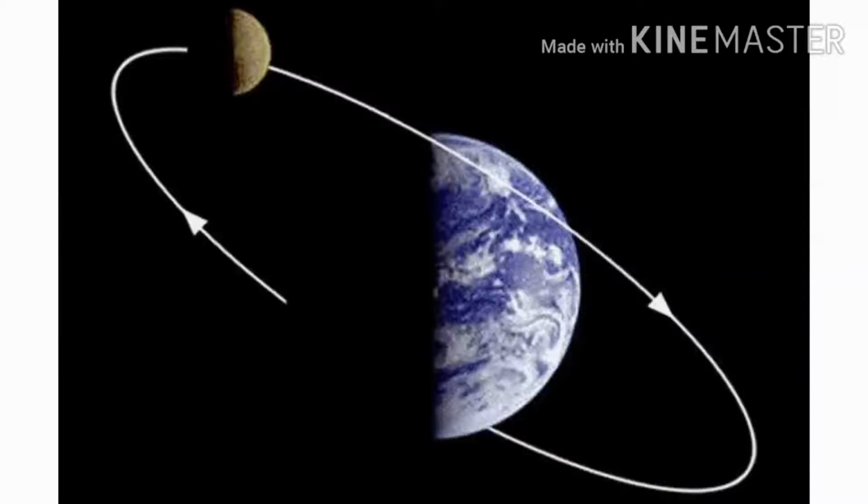And children, you know, the moon takes about 27.3 days to complete one rotation on its axis and one revolution around the earth.